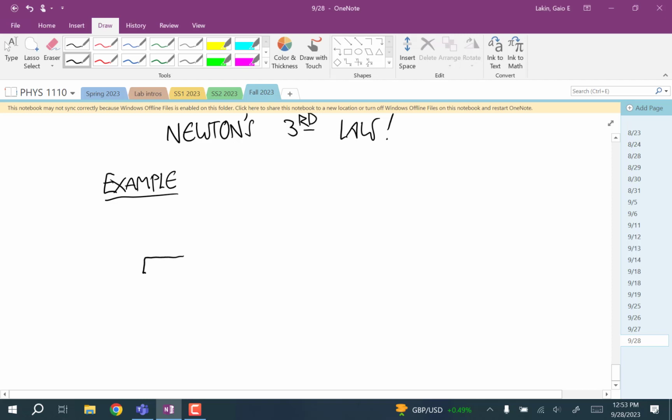Okay, so let's say we have a 2 kilogram cart in contact with a 4 kilogram cart, in contact with an 8 kilogram cart.